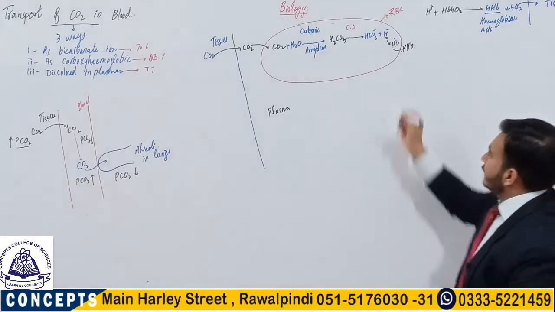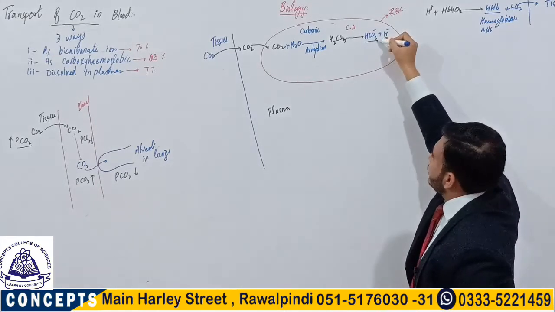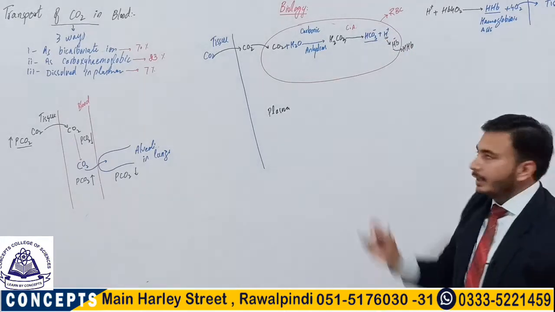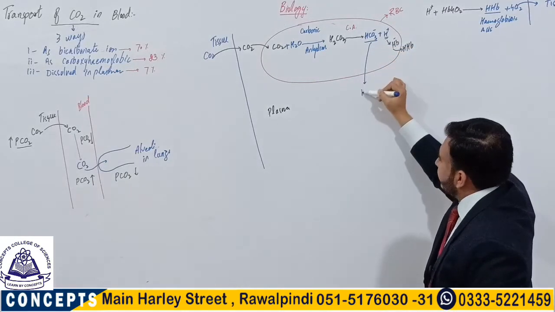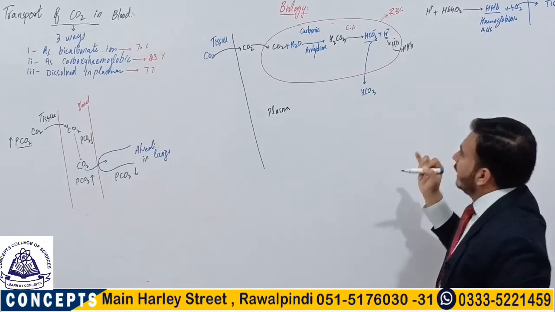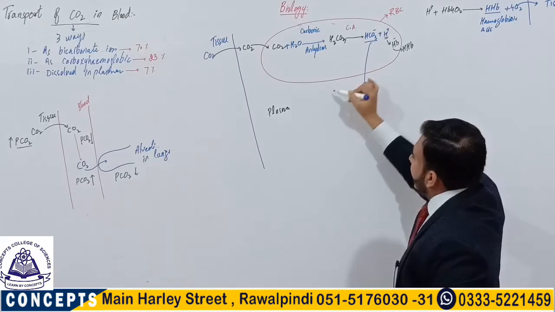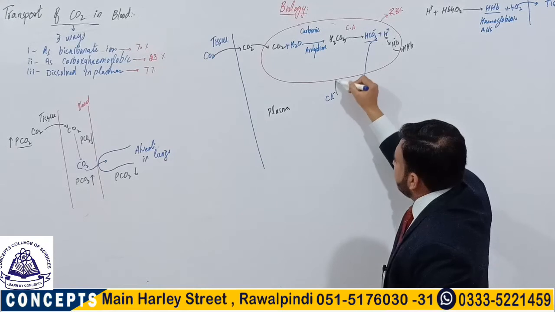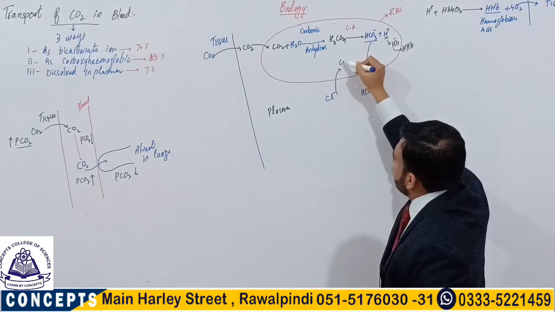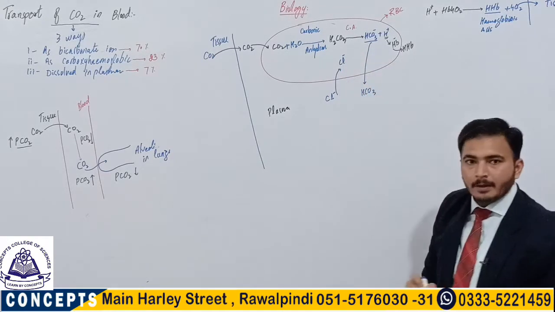And what happens with HCO3, the bicarbonate ion? This bicarbonate ion comes out of the RBC, while from the plasma, chloride ion moves into RBC.